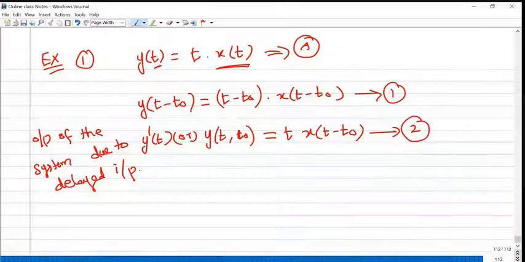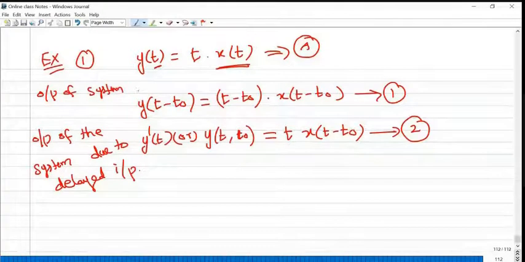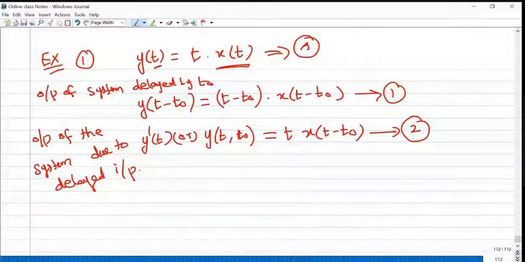Expression 1: output of the system delayed by t naught. Second equation: output of the system due to delayed input.